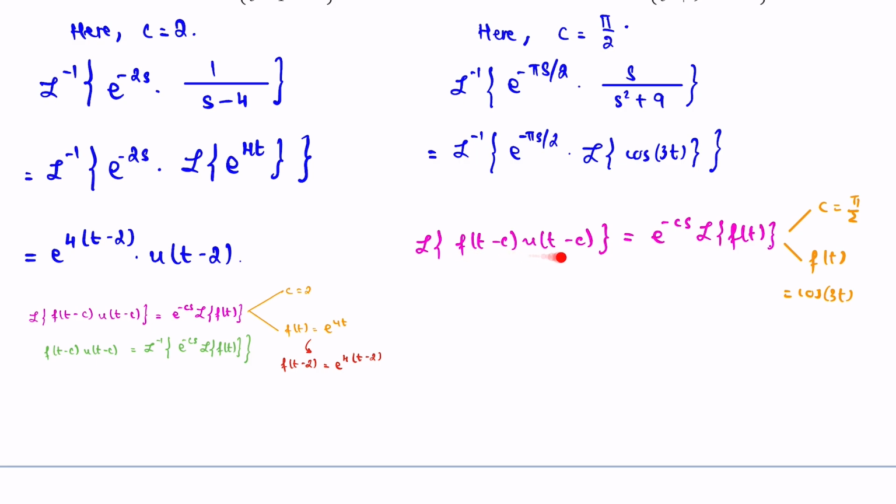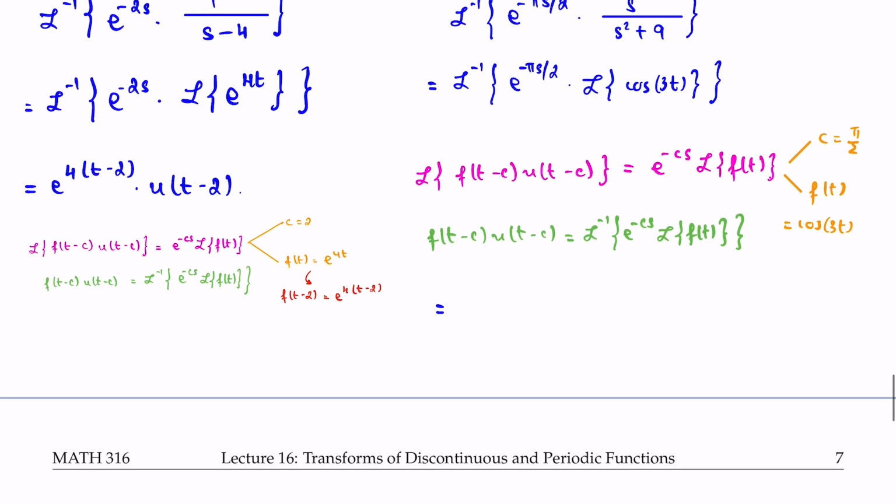And then if you apply the inverse Laplace transform on both sides of this equation, you get f of t minus c times u of t minus c equal to the inverse Laplace transform of e to the negative cs times the Laplace transform of f of t, given that c is equal to pi over 2 and f of t is equal to cosine of 3t. And therefore, the inverse Laplace transform that we're looking for will result in cosine of 3 times t minus pi over 2 times u of t minus pi over 2. So we just finished some examples related to unit step functions, shifted unit step functions, and window functions.